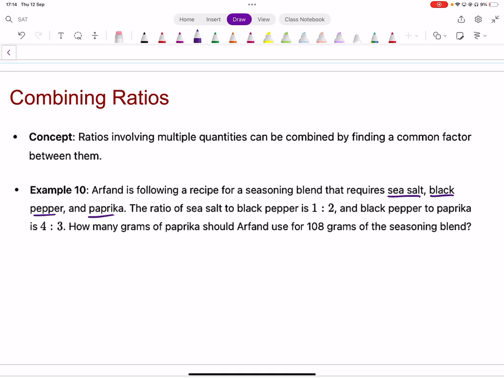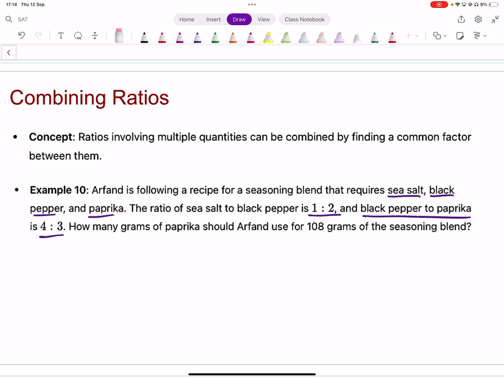The ratio of sea salt to black pepper is 1:2. And then you have the ratio of black pepper to paprika, that's 4:3. How many grams of paprika should she or he use for 108 grams of the seasoning blend?